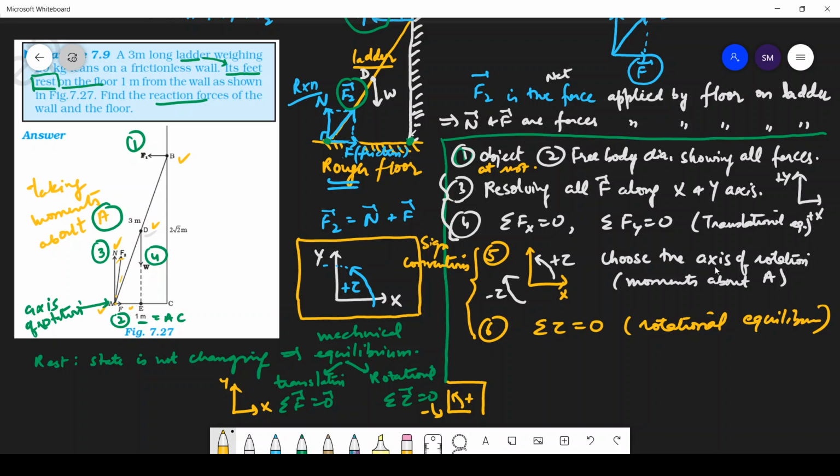Now choose the axis of rotation and the sign conventions for the torque. So anticlockwise positive and clockwise negative, and then rotational equilibrium, tau equals 0. Okay, so this is how you need to solve these questions, stepwise, very simple.